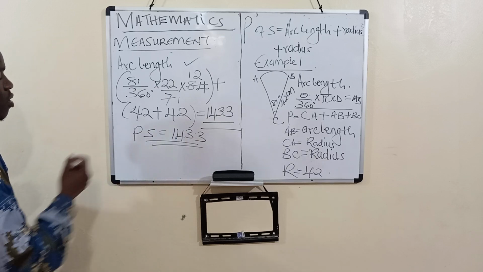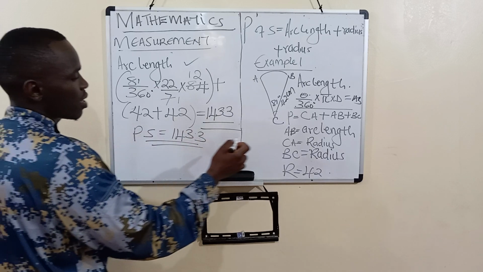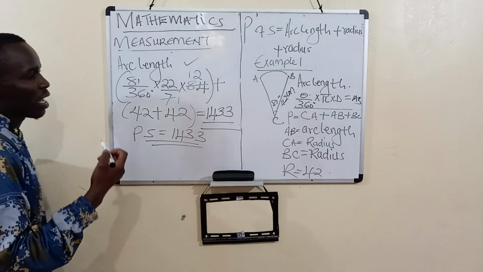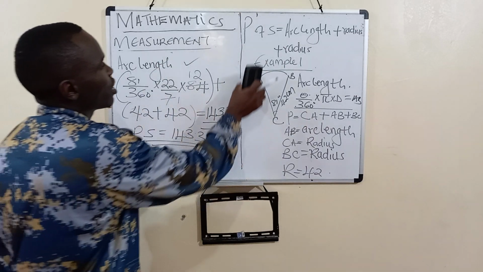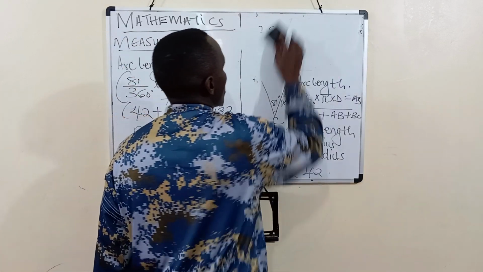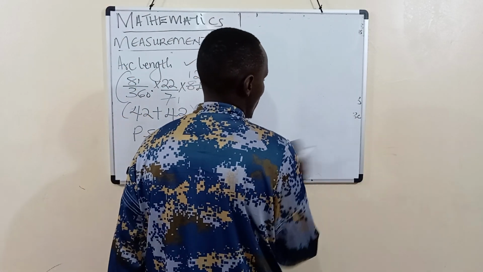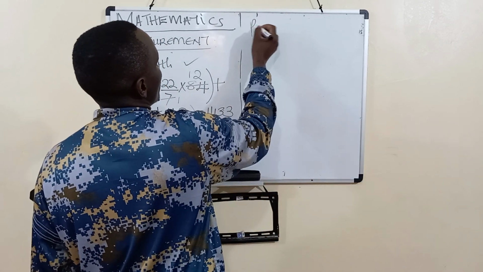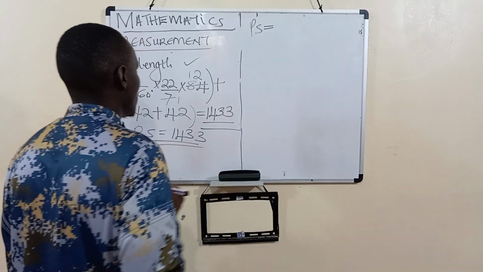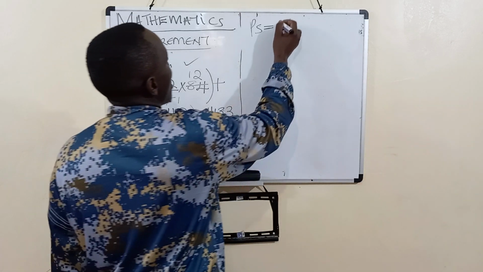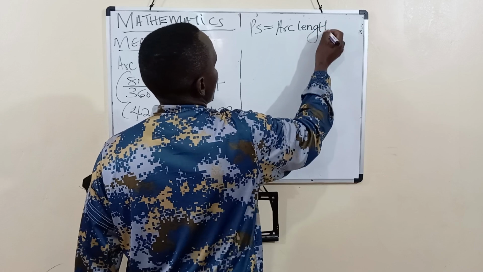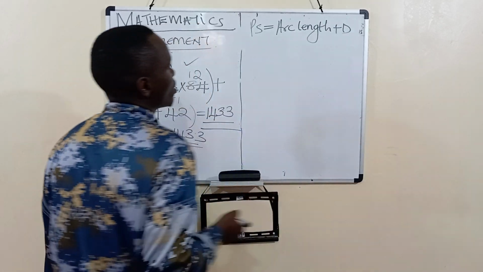Then the other way we can solve it, we can argue it this way, where we get the perimeter of the sector to be given by arc length plus diameter.